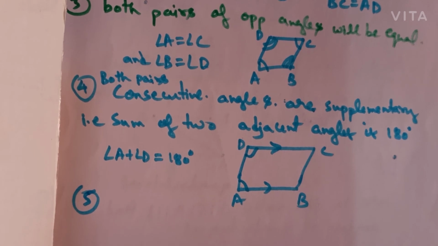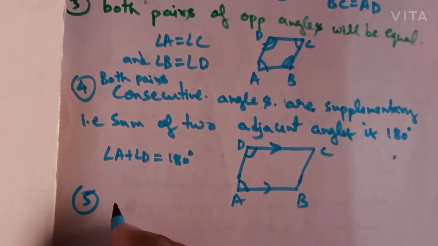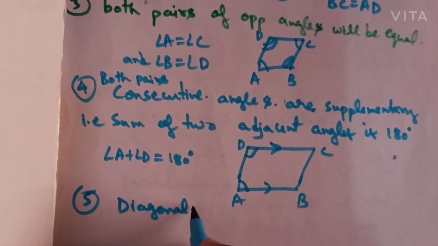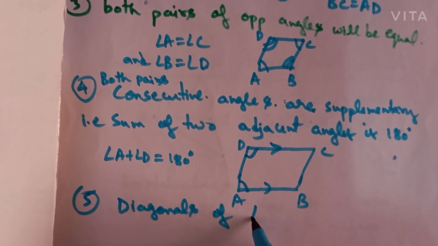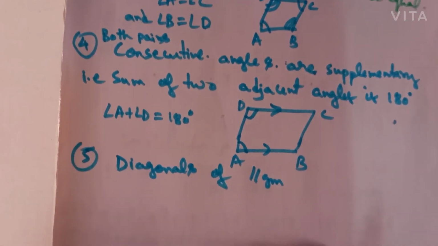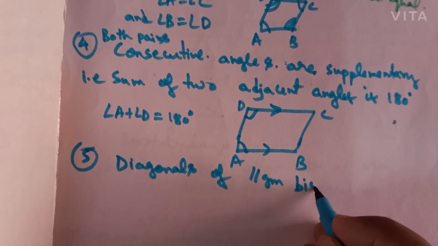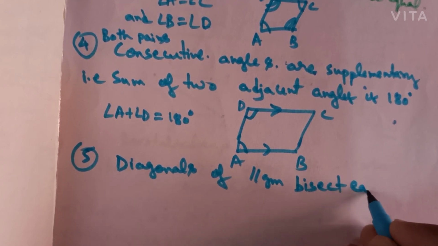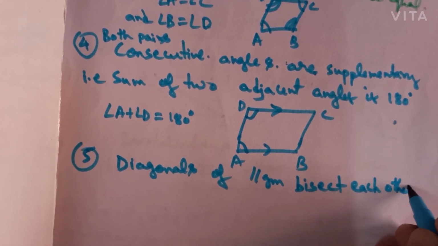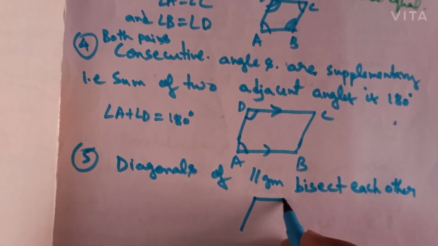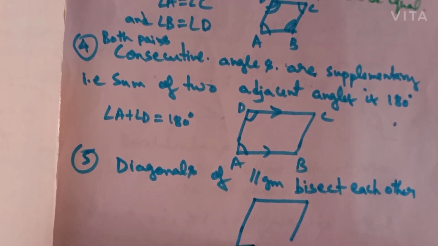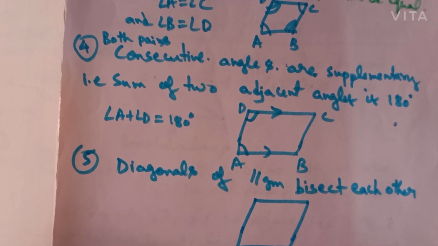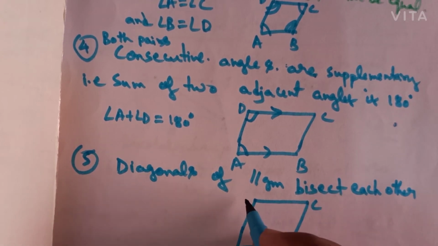Now, property number 5 is regarding the diagonals of a parallelogram. So, diagonals of a parallelogram bisect each other. Diagonals of a parallelogram bisect each other, which means that if we are having a parallelogram A, B, C, D, and we draw a diagonal.